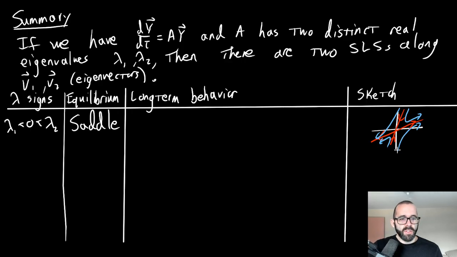And the long-term behavior, saddles are unstable. Well, we'll talk about that in a second. If we start on this line, we go towards the equilibrium.